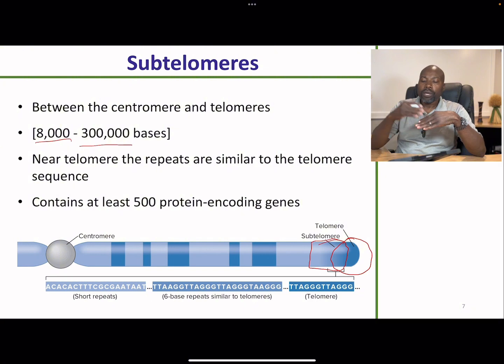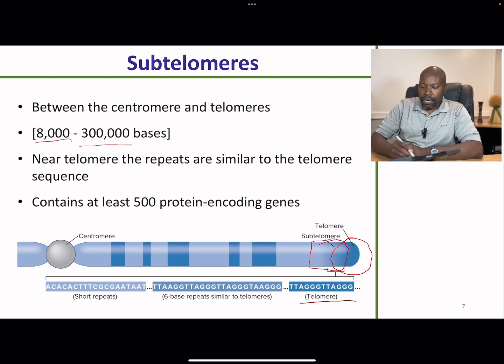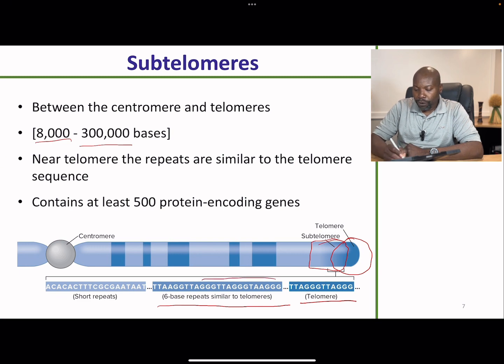They are going to be repeated sequences, right? So while here you have the telomere, in the subtelomere, we also have some repeats, okay? So for instance, we have TAAGGG, right? And then we have GGG, TTA, GGG, TTA. So you see it's a repeat, right?